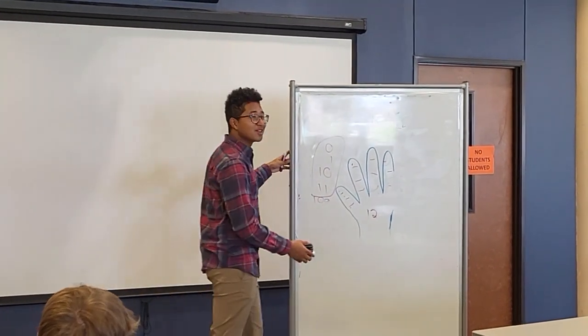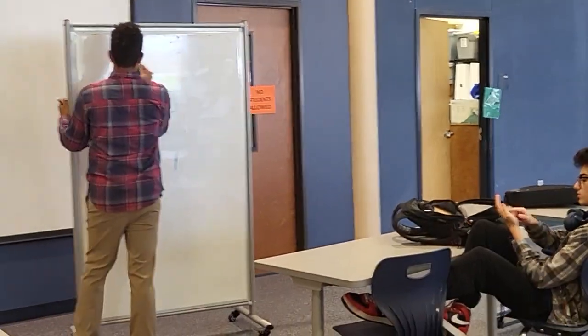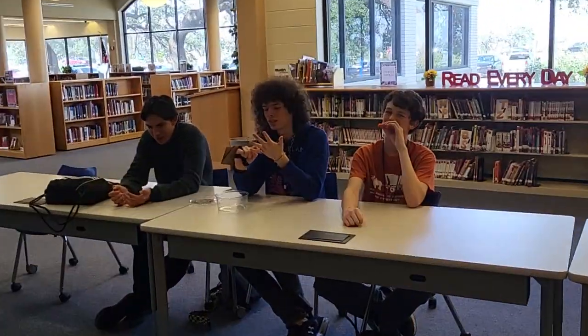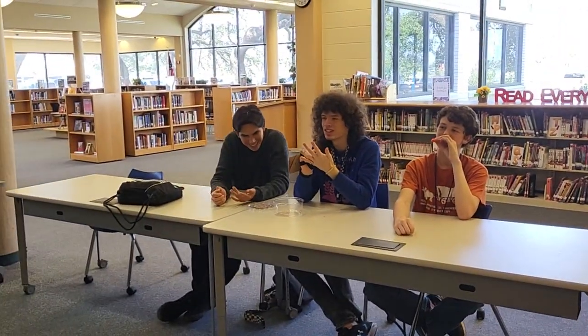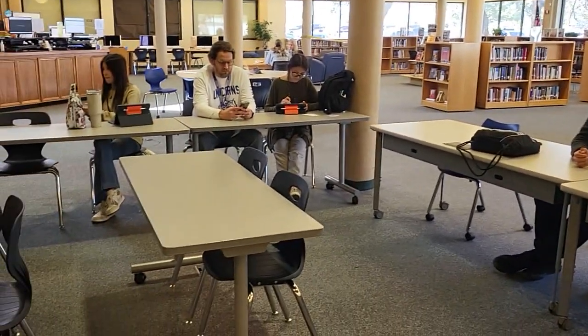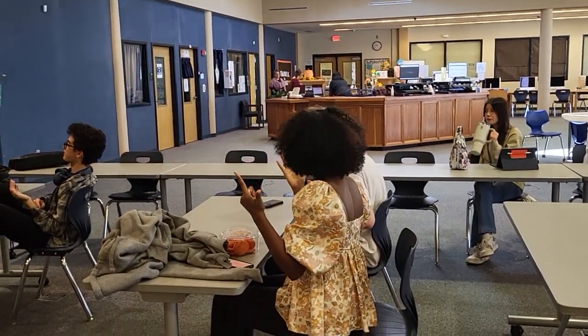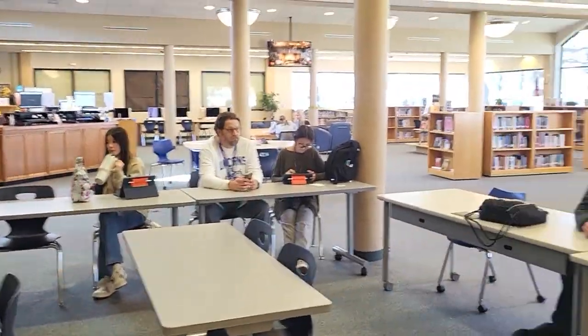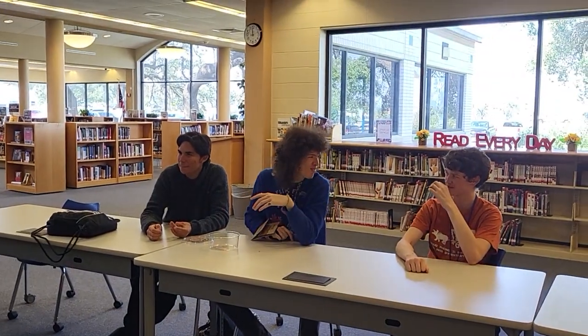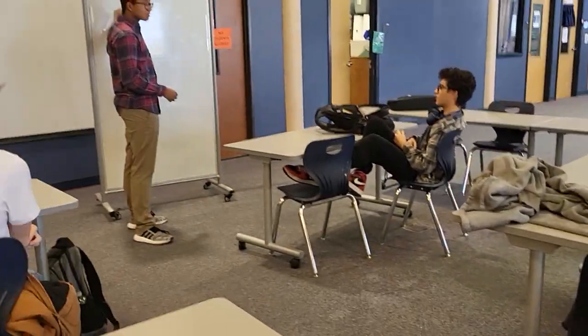Go. 1, 2, 3, 4, 5, 6, 7, 8, 9, 10, 11, 12, 13, 14, 15, 16, 17, 18, 19, 20, 21, 22, 23, 24, 25, 26, 27, 28, 29, 30, 31, 32, 33, 34, 35, 38, 39, 40. No, you have to increment. Oh, you're just saying the count?